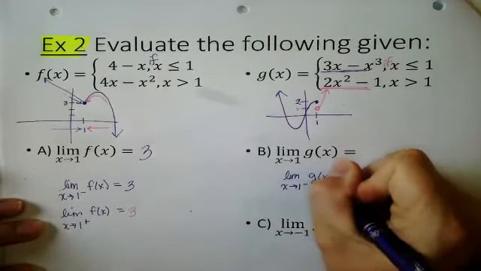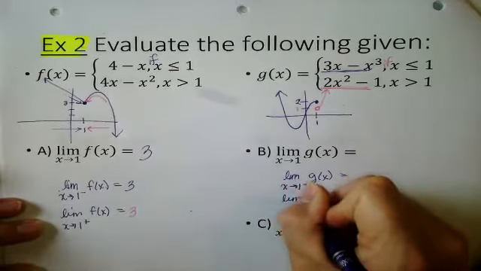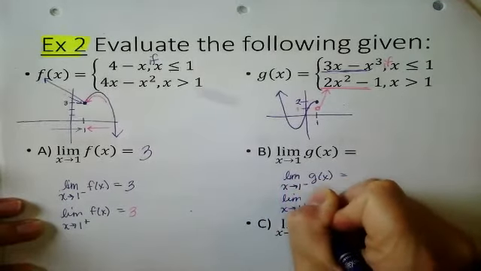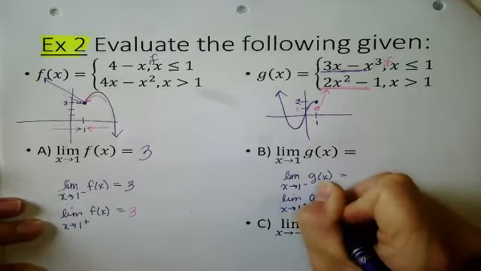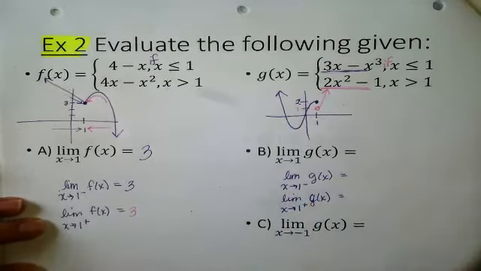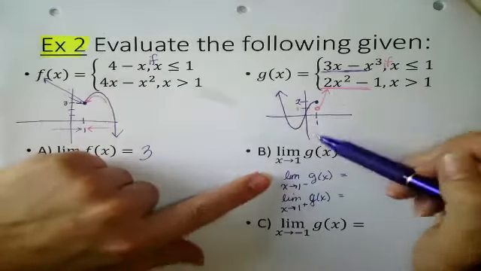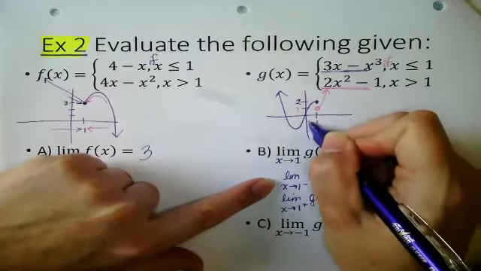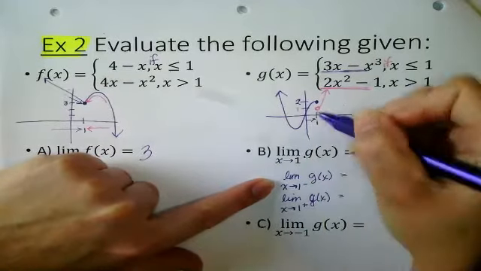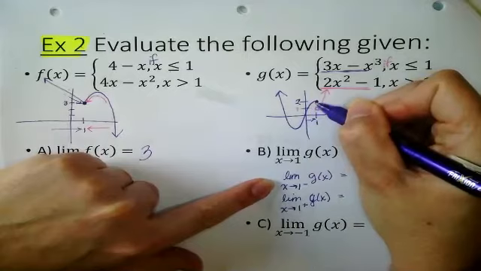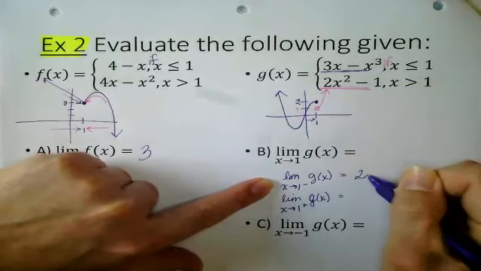Of g of x, and consider the limit as x approaches 1 from the right side of g of x as well. So looking at this graph, we're approaching 1 from the left side. We're approaching our function values this way, and we're going to approach 2.